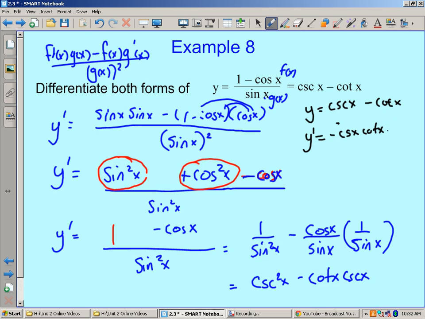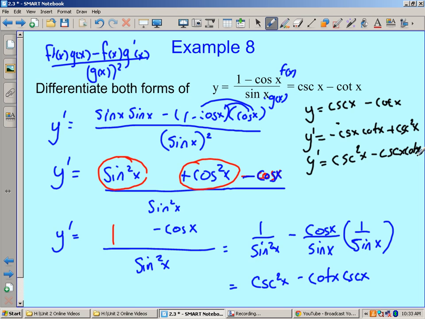So if you look now, I pretty much have the same thing. I just have my signs. Since I was already subtracting and this one should have been negative, it would turn into a positive. And so now my y prime, if I just reorder it, is cosecant squared x minus cosecant x cotangent x, and that's the same thing that I have down below. And so that's what we proved, and that's what we're looking for.